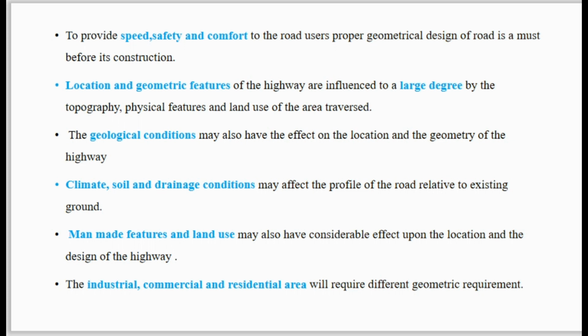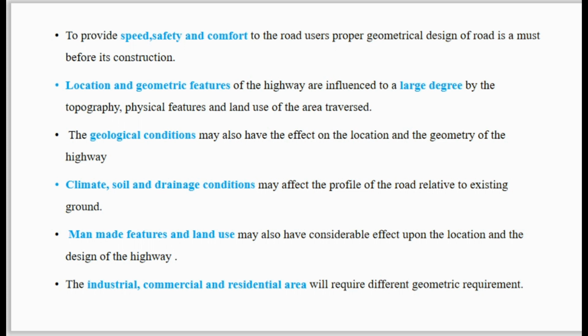Here, the location and geometric features of the highway are greatly influenced by the topography, physical features, and land use of the area under consideration. The geological conditions may also have an effect on the location and the geometry of the highway.